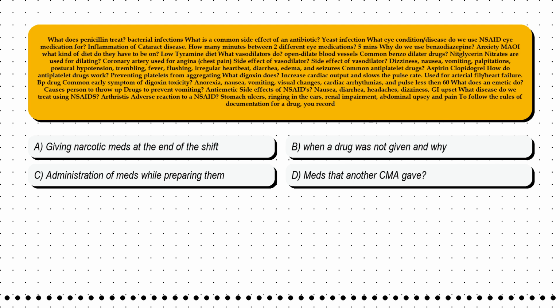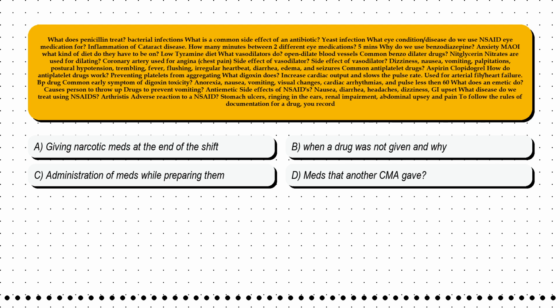What do vasodilators do? Dilate blood vessels. Common vasodilator drugs: nitroglycerin. Nitrates are used for dilating the coronary artery, used for angina, chest pain. Side effects of vasodilators: dizziness, nausea, vomiting, palpitations, postural hypotension, trembling, fever, flushing, irregular heartbeat, diarrhea, edema, and seizures.